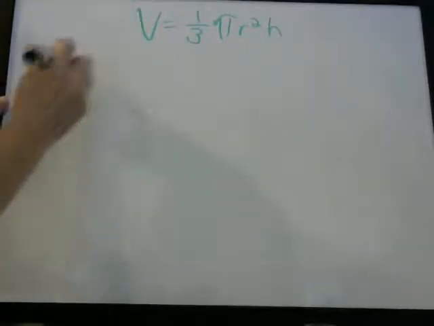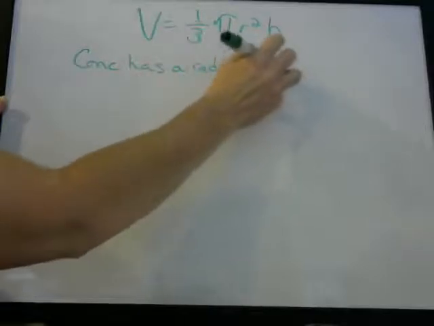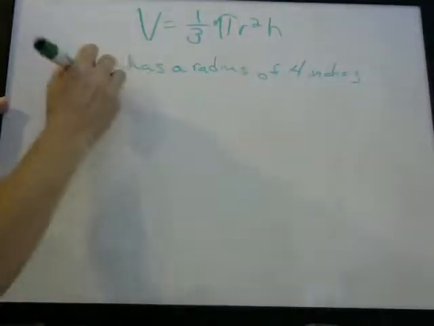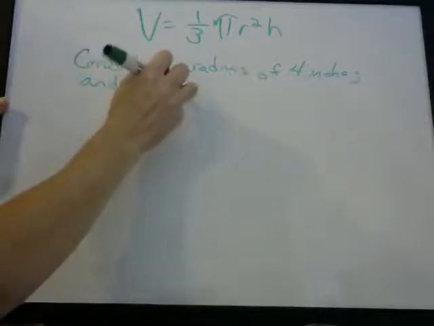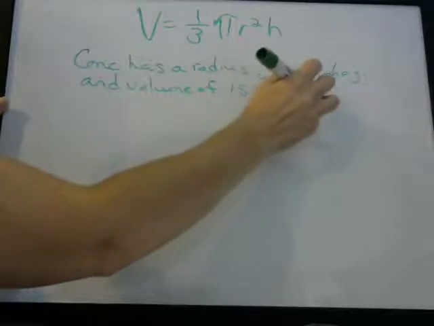So cone has a radius of 4 inches and volume of 151 cubic inches.